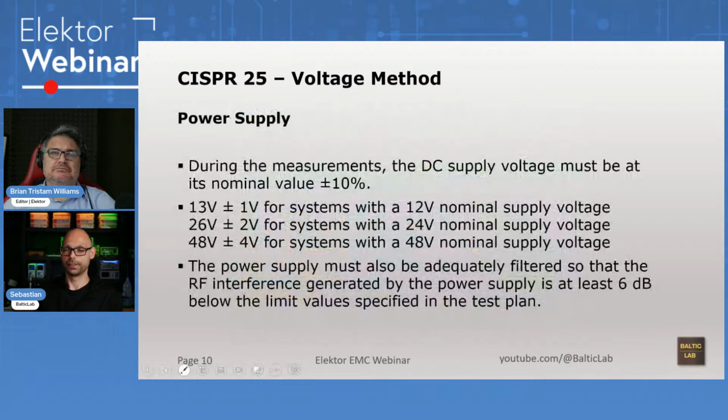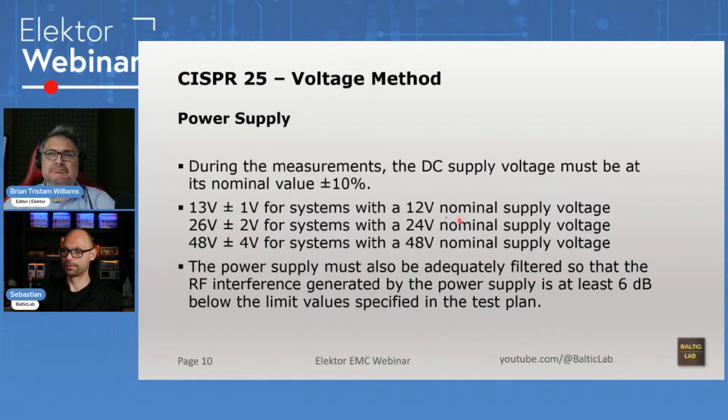The power supply also has special requirements, and as you've seen, I got away with just a normal, inexpensive laboratory power supply. But during the measurement, the DC voltage must be at its nominal value plus or minus 10%. And what that nominal value is supposed to be is also in the standard. For 12-volt supply voltage devices, which you find in common cars, it is 13 volts plus or minus 1 volt.